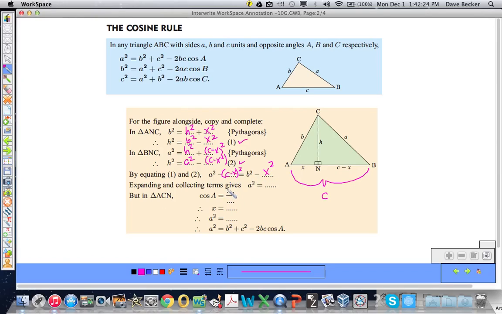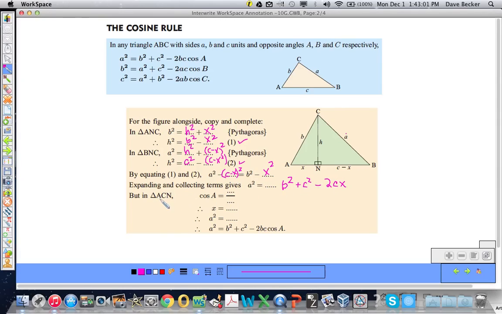And if I expand all of this, if I take c minus x times c minus x, and move it over to the right-hand side, solve for a squared here, this turns out to be a squared is equal to b squared plus c squared minus 2cx. You just have to trust me on that. There's a lot of cancellations here, but solving for a squared results in this.